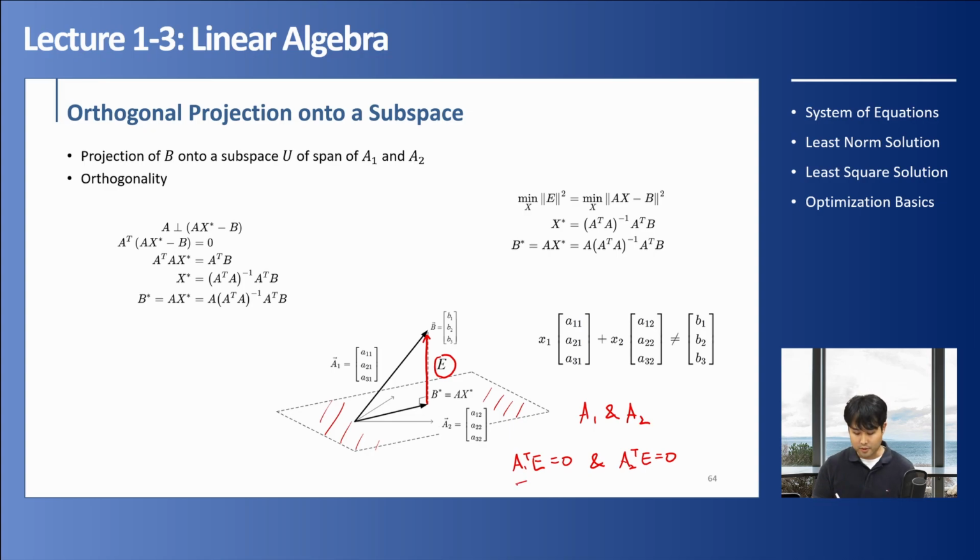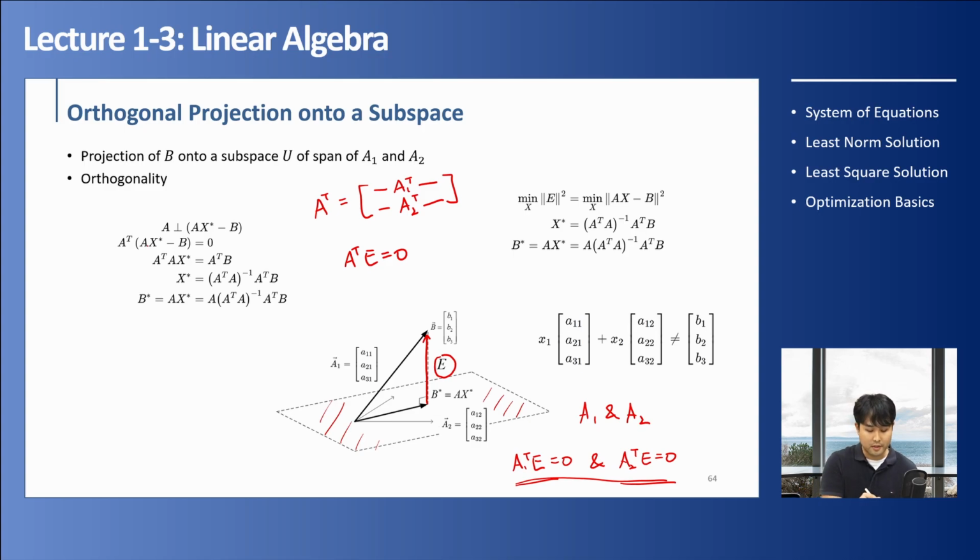Now, satisfying these two conditions at the same time is equivalent to looking at the stacked vectors in terms of a matrix. So in other words, A transposed is equal to, implying that if we take the inner product between A transpose and E and show that this is equal to 0, we're effectively showing that each of these conditions are both 0.